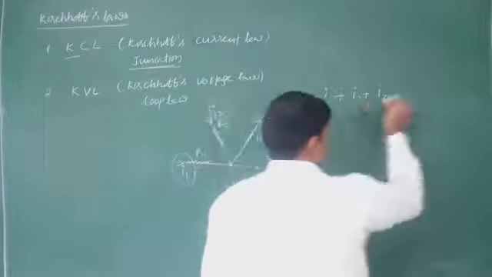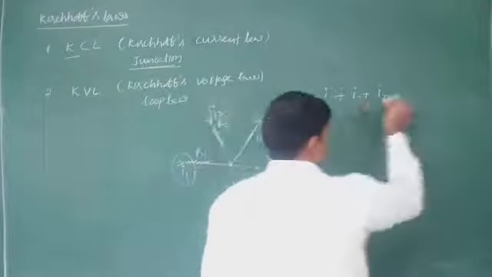But here we are moving from D to A. Current is moving in this direction, so D is at the lower potential and A is at the higher potential. We are approaching the higher potential. That's why we get the positive sign. Is equal to 0. This is equation number 3.